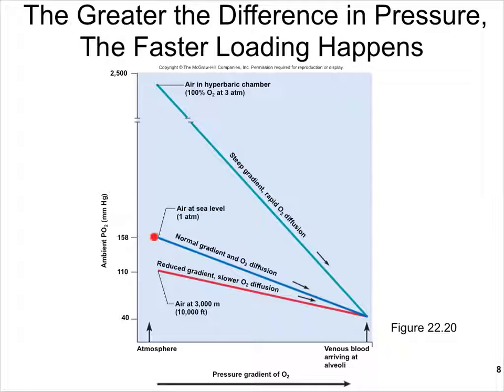So the loading happens relatively quickly. Stick somebody in a hyperbaric chamber. This is a device where they actually put them at high pressures of pure oxygen, so 100% oxygen at 3 atmospheres of pressure. That means that the partial pressure of oxygen is about 15 times greater in a hyperbaric chamber than it is in standard sea level.